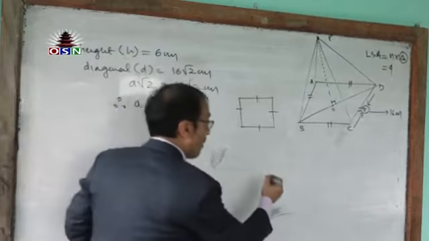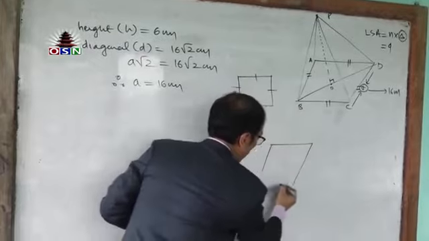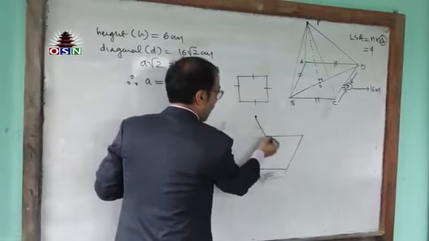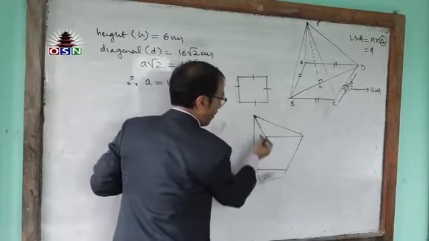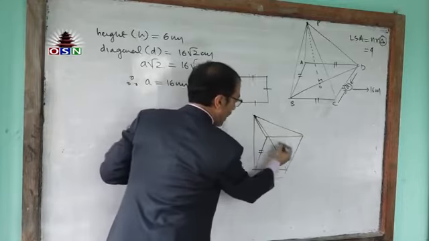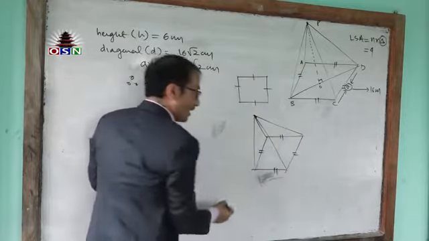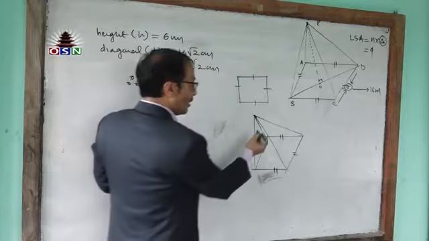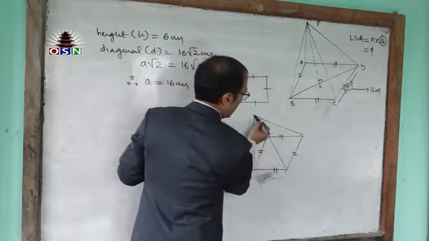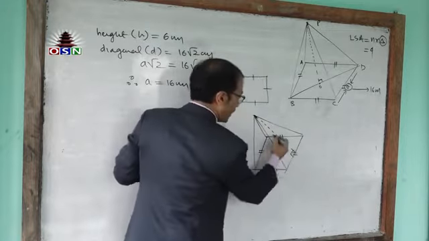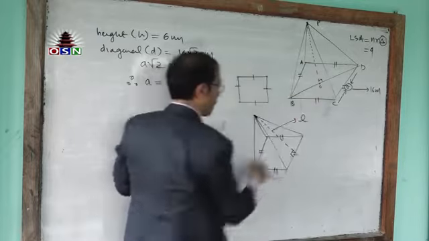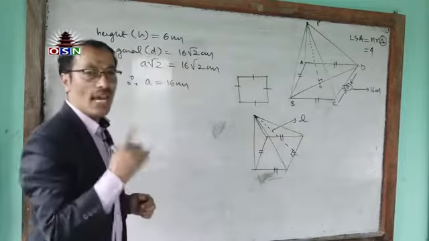In case of a square base pyramid only, it is applicable only in case of a square base pyramid. Let's suppose it is a square. In case of a square base pyramid, to find the slanting height, you know what is slanting height? The slanting height is denoted by L. To find the slanting height, we have a formula.